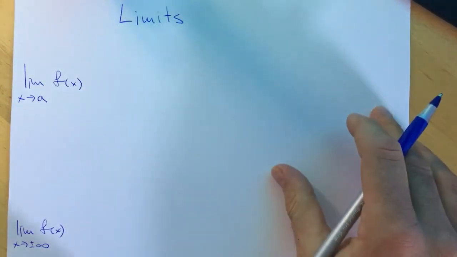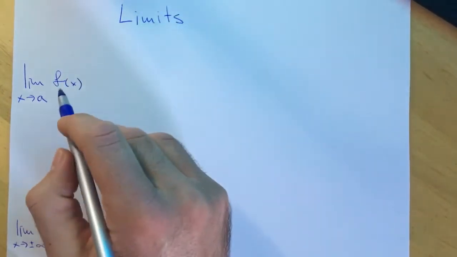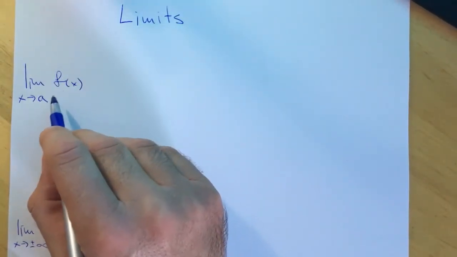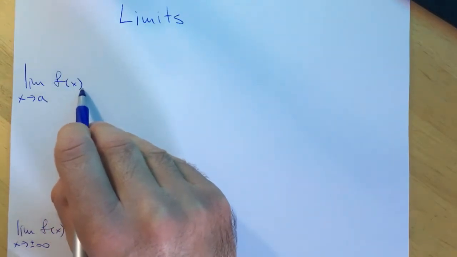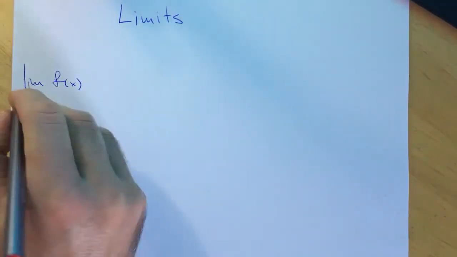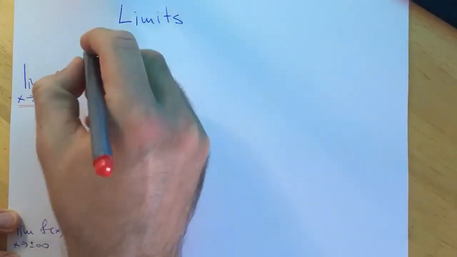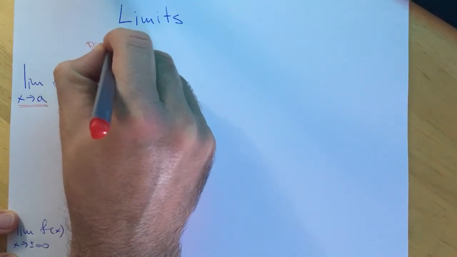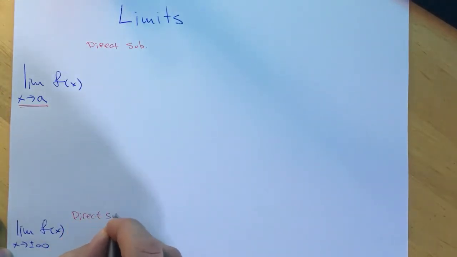In this first type of limit, there are a few scenarios that can happen. First of all, before I continue with the scenarios, whatever the function is, the first step that you want to do when x approaches a constant is direct substitution, which will not work for the infinity limit.